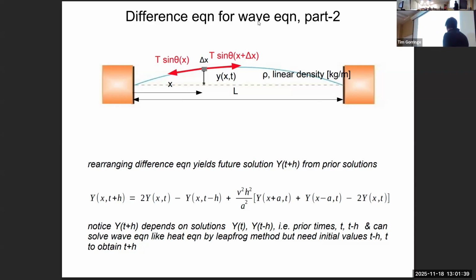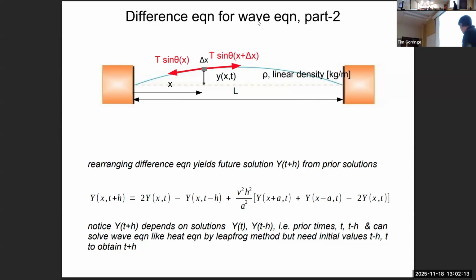But what's new here is that it also involves an earlier value of the wave on the string. In the diffusion equation, we were taking the current value of the temperature along the length of a rod and then calculating the future value of the temperature along the length of the rod. So we just needed the current temperature distribution. We calculated the future temperature distribution.